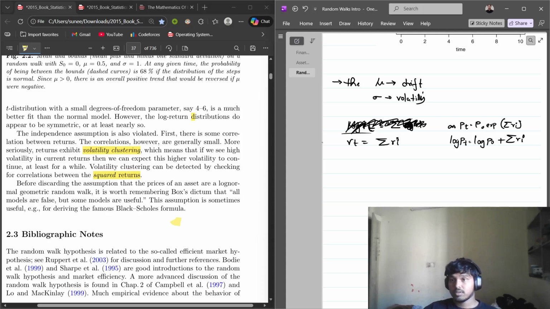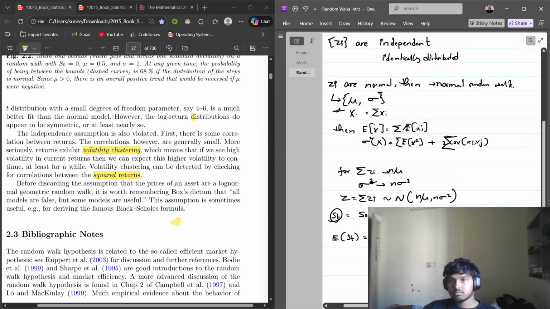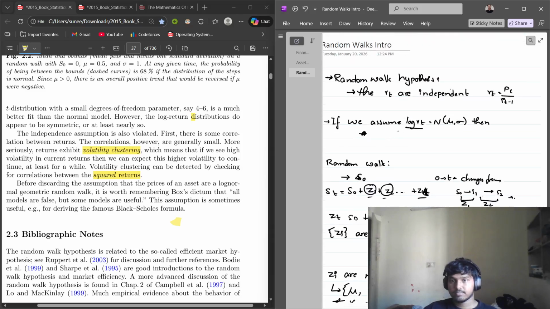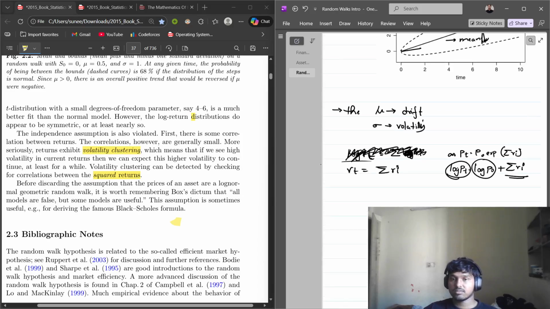So now it's very similar to the random walk right here. So that's what we do, and that's how we model it.